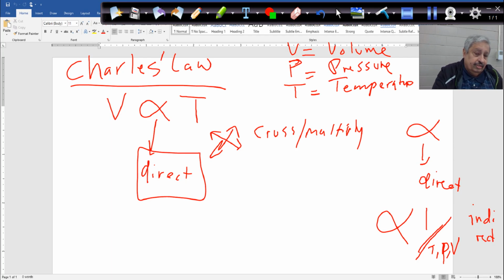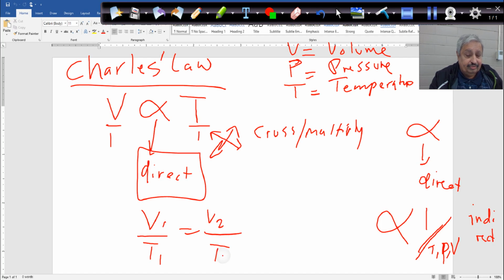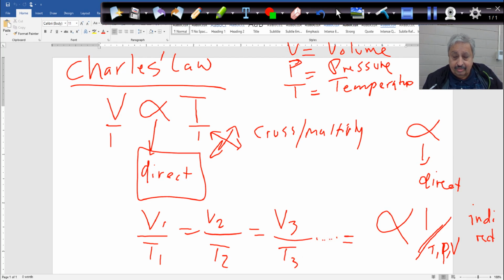Okay, so this is 1, this is 1, correct? So it looks like V1 over T1 equals V2 over T2 equals V3 over T3, etcetera, equals what? Constant.